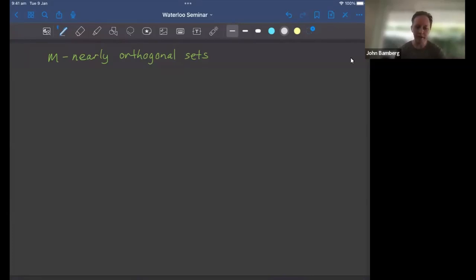So I'll start off with Oddtown. You might be familiar with this, but it's basically if you take a set with t elements and you take a family of subsets of this.